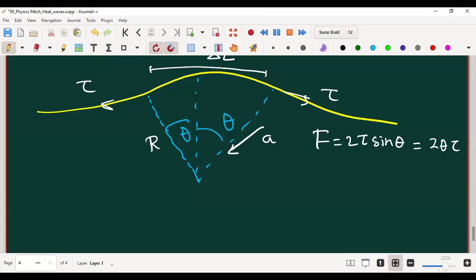And so this one is the force: tau delta L divided by R. This is the force.